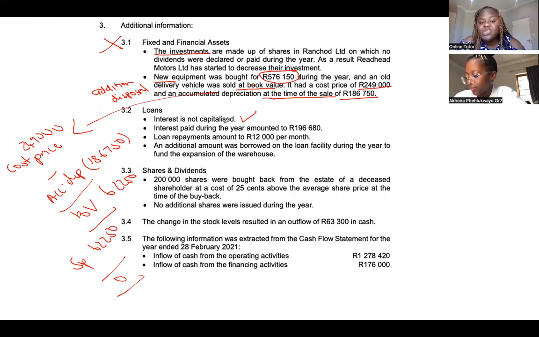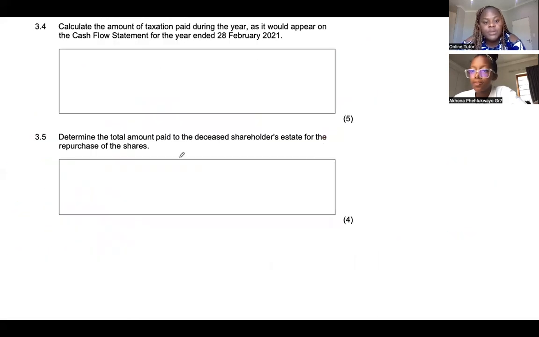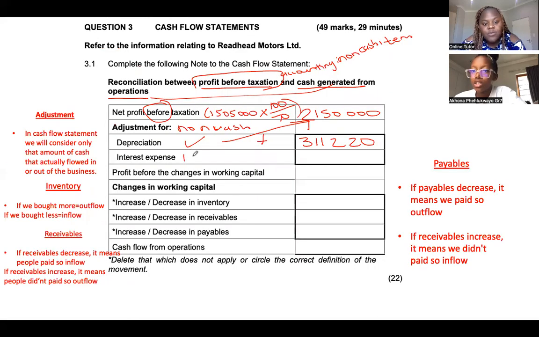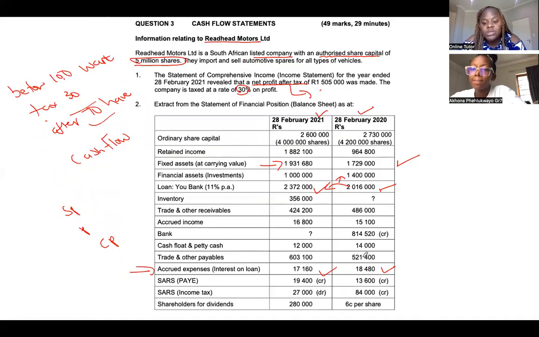Here they tell you interest paid during the year was 196,680. There's our interest paid during the year, right? 196,680. And that's our expense. But then we need to go and look at what we were told. We were told that the closing value was 18480, correct?